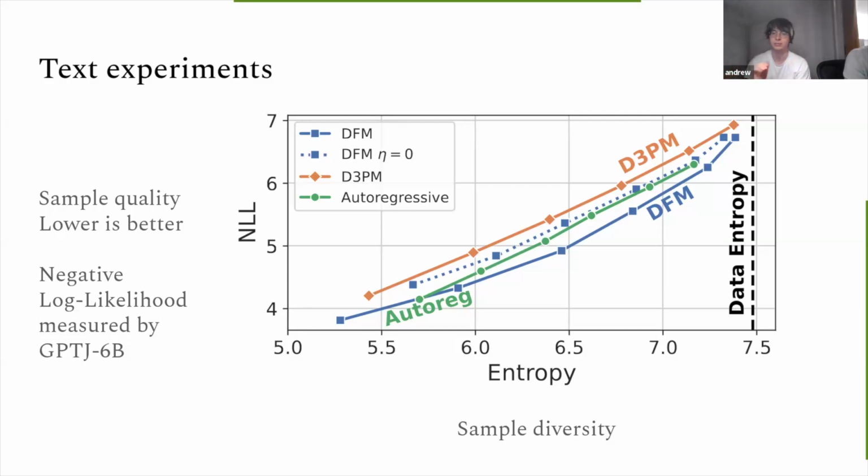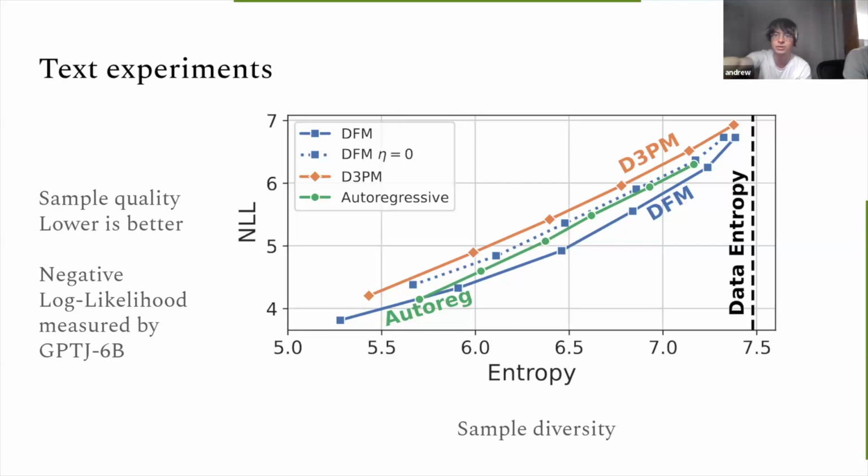And the lower that is, the better. But if you just repeat the same token over and over again, that can artificially make the negative log likelihood very low. So we also measure the entropy of our tokens in each sentence. So it's not just repeating the same token over and over again. We want that entropy to be as close to the data distribution as possible. So the good region of the graph is in the bottom right.